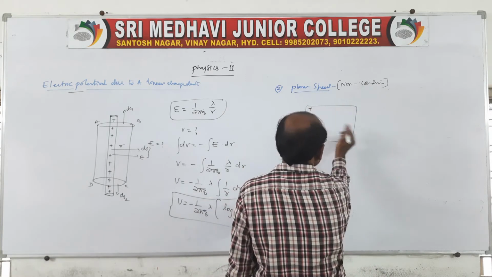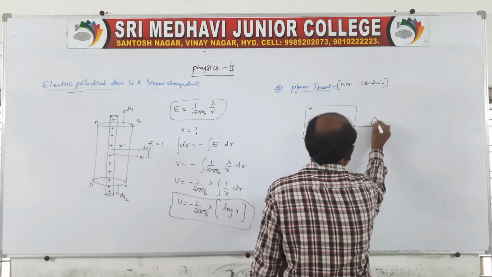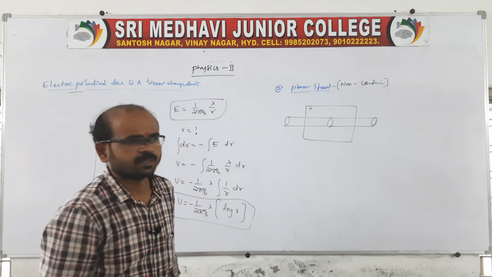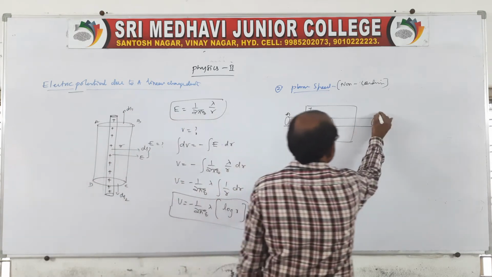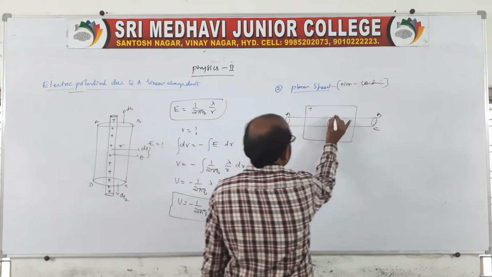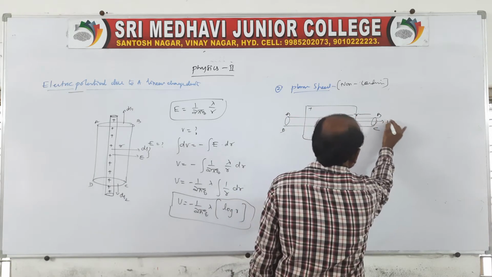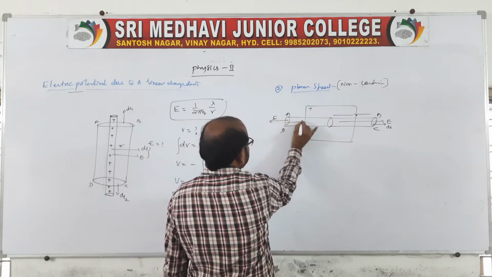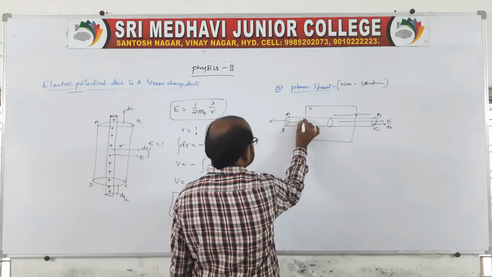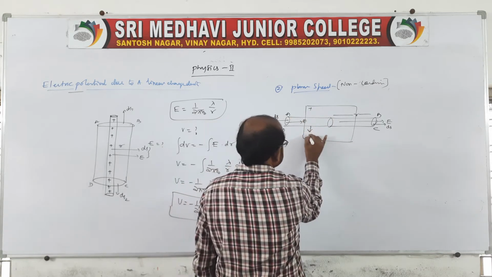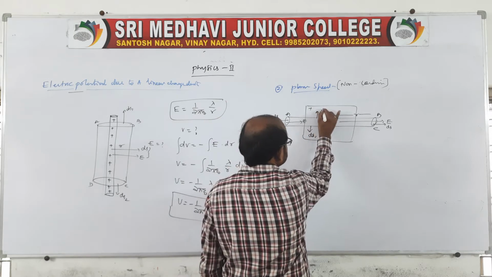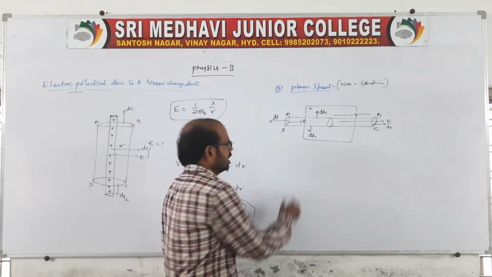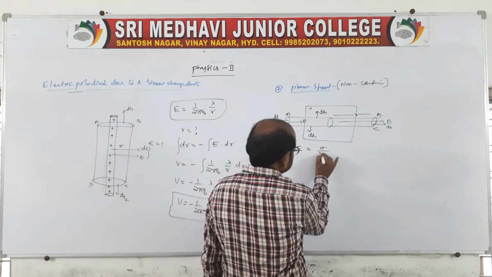If charge is given, the charge is distributed throughout the sheet, then construct a closed area A, B, C, D with this radial distance. E will act through this area, and here also E will act, with ds1 and this is also ds1. Through this area there is no field intensity, because it is perpendicular, and we know E equals sigma by 2 epsilon naught.